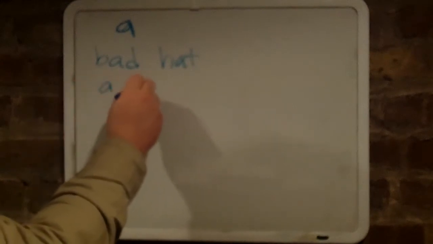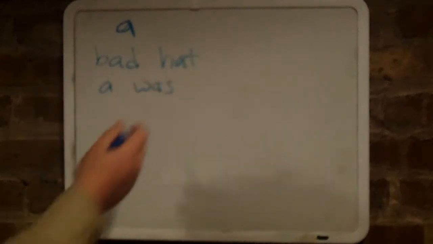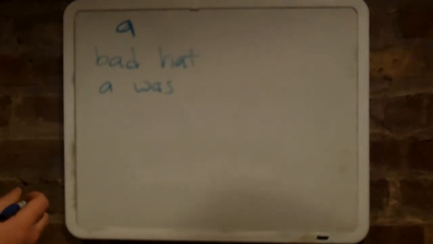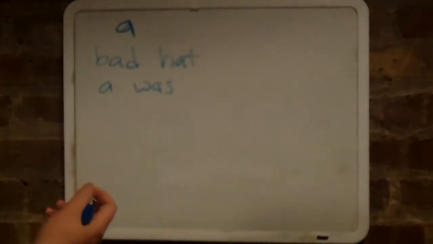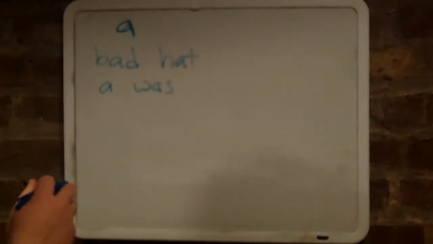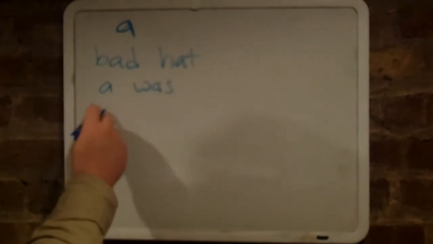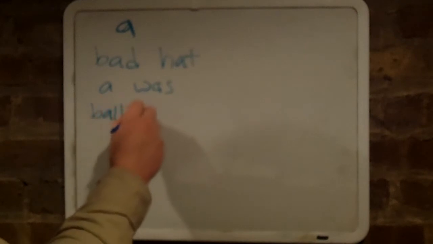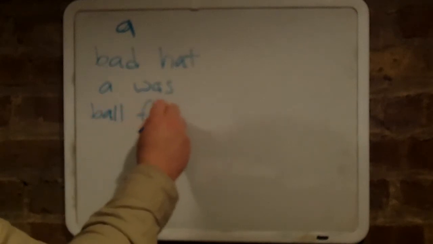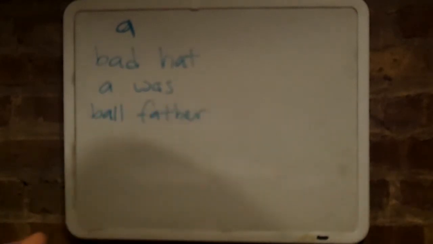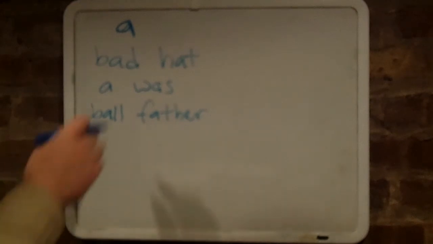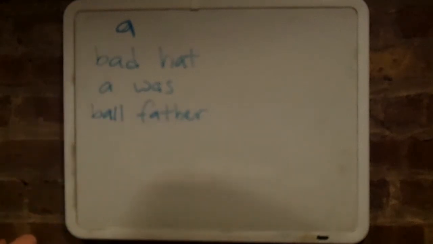You have and was. So in those words, the letter A makes the sound. And there are a couple other short words where it makes the sound. These are pretty rare though. So a couple of short words where it makes the sound are ball, father, and others.